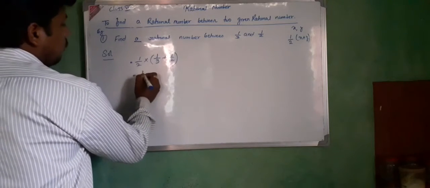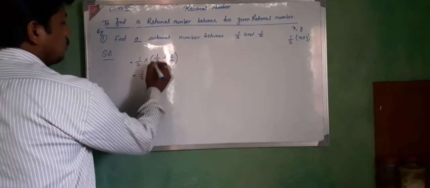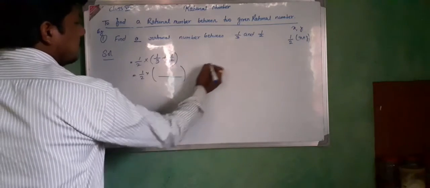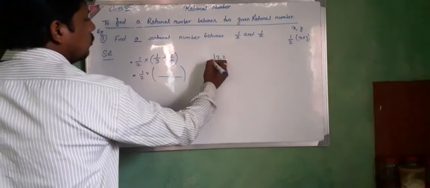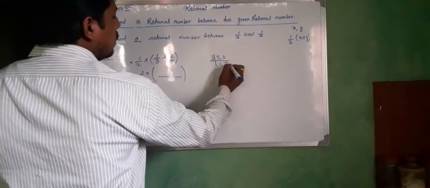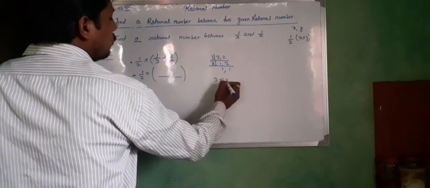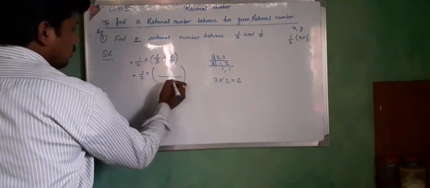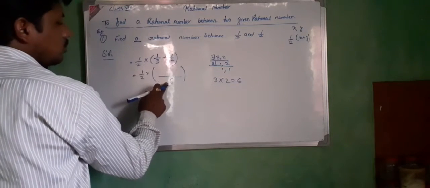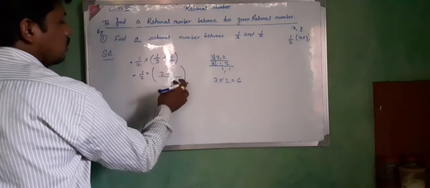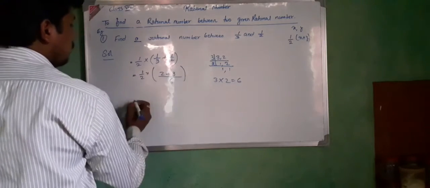So let's solve this one first. Find out the LCM of 3 and 2. It will be 6. 3 into 2, 6. 6 divided by 3 goes 2 times, so 2 into 1, 2. 6 divided by 2 is 3 times, 3 into 1, 3.